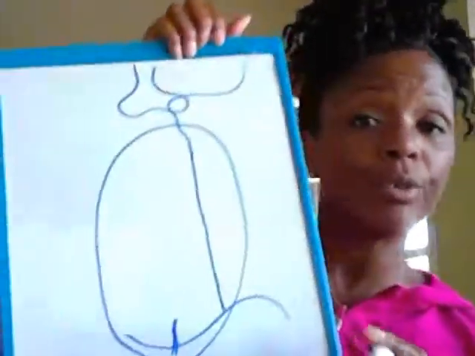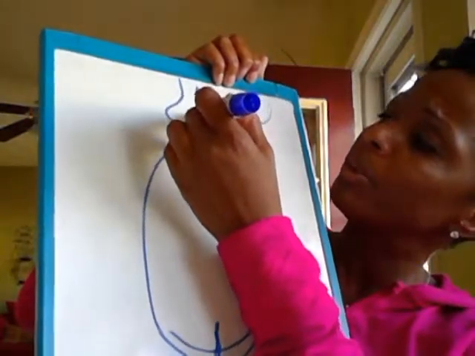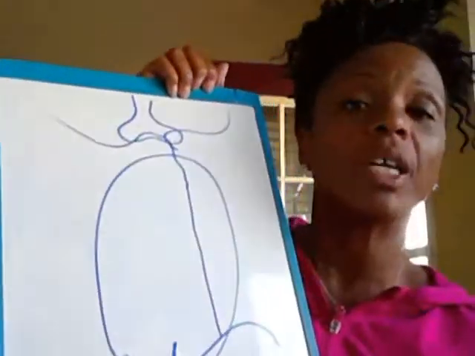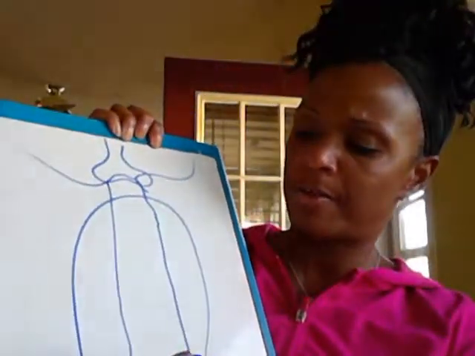Mouth is still closed. Then I would reintroduce my needle into the other nostril, coming beneath the upper lip and coming back down. So literally what I have done is created a rectangle.